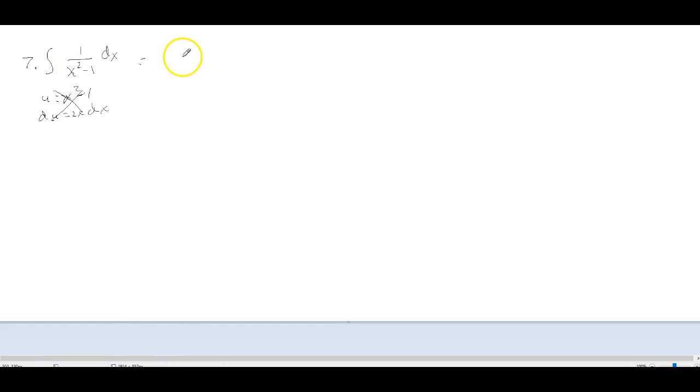So I'm going to rewrite this, so I'm just going to set up the partial fractions. We go 1 over x squared minus 1 equals A over x plus 1 plus B over x minus 1. And again, I recognize that the bottom's going to always match, so I cross the tops and get 1 equals A times x minus 1 plus B times x plus 1.